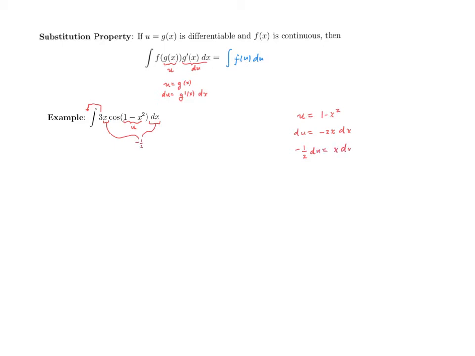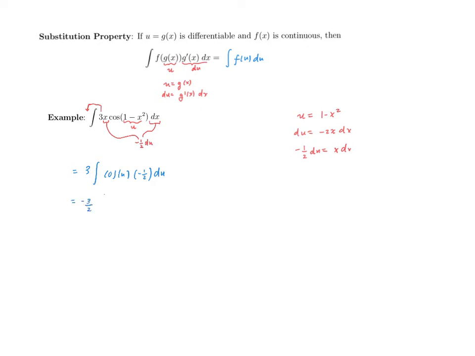So we can go from all x to all u. So the 3 gets pulled out front. We have cosine of u, and then the x dx is a minus 1/2 du. And I'm going to go ahead and leave the minus 1/2 in just so we see precisely where each term is gone, but you just as easily could have immediately pulled that 1/2 out front as a constant.